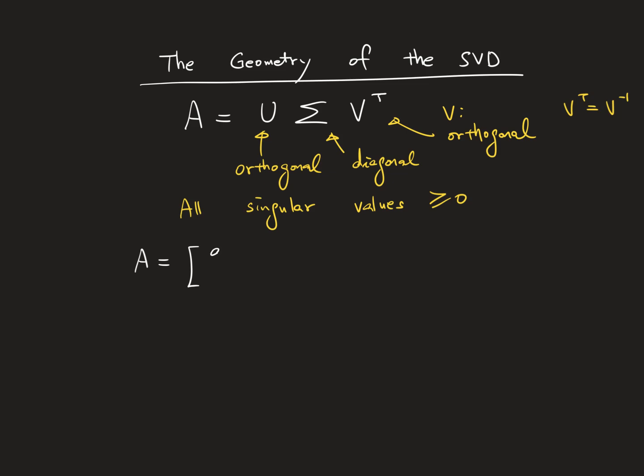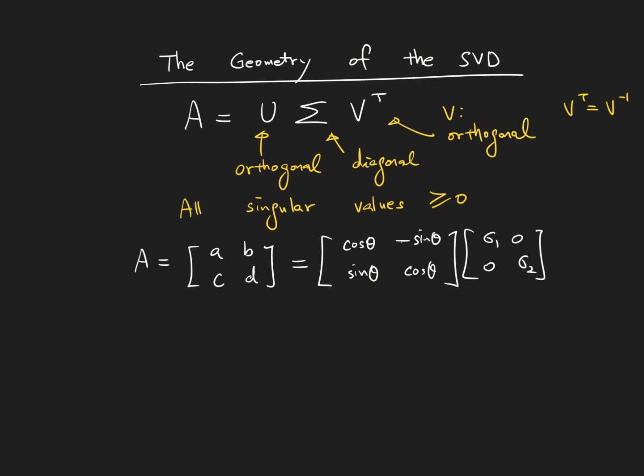If A is a 2 by 2 matrix, this kind of singular value decomposition might be possible: [cosine theta, sine theta; minus sine theta, cosine theta] times [sigma 1, 0; 0, sigma 2] times [cosine phi, sine phi; minus sine phi, cosine phi].